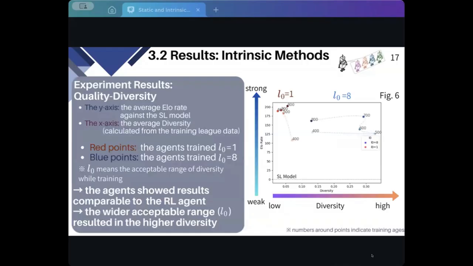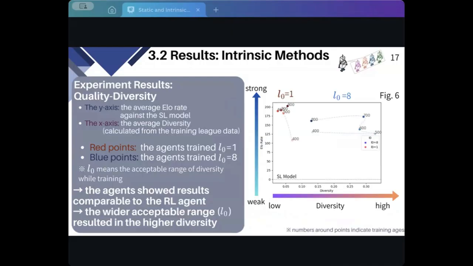Next, experimental result of the intrinsic method. This figure shows the experimental result of the intrinsic method. The x-axis represents the average diversity calculated from the play data during the training process, and the y-axis represents the average error rating of agents against a supervised learning model, which corresponds to quality.